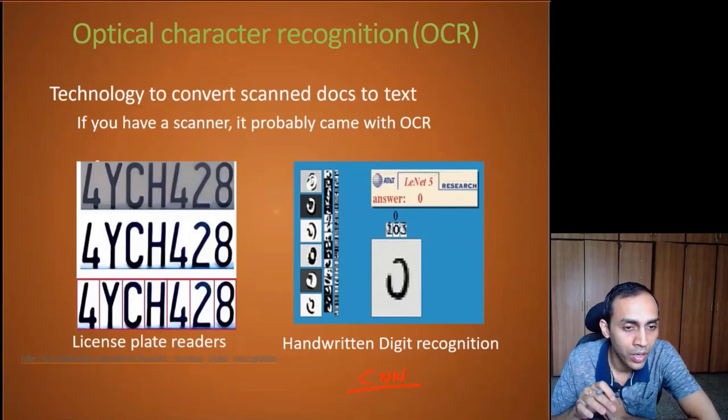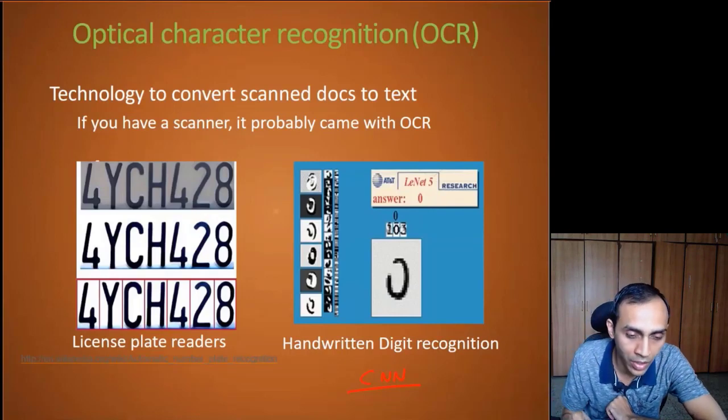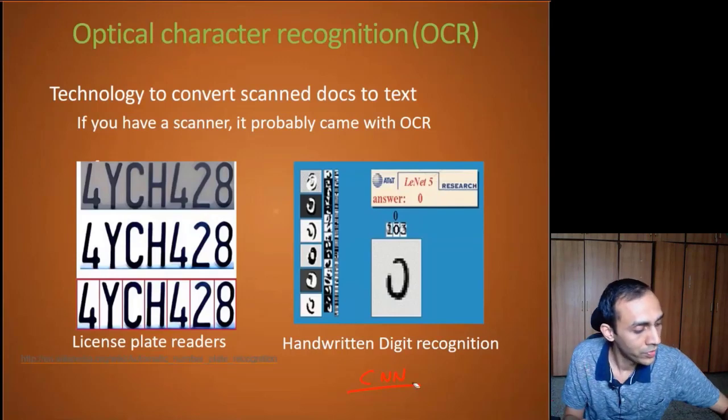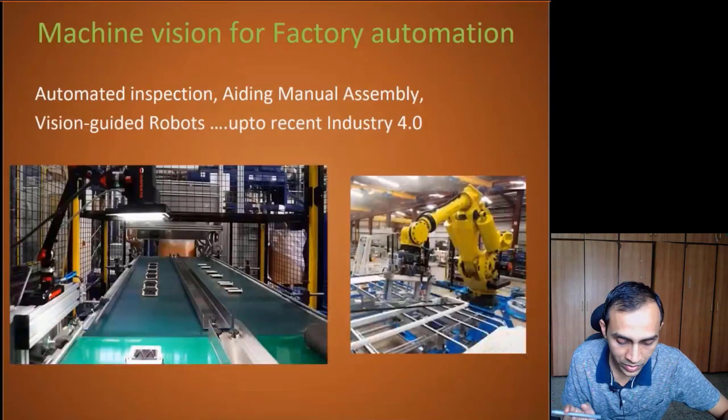Instead of manually submitting a check to the bank official, it could just be deposited in an ATM or kiosk, and the machine will automatically recognize the check number and account number and all that. In India, I think it's still not so popularly used, but those things have started coming up.